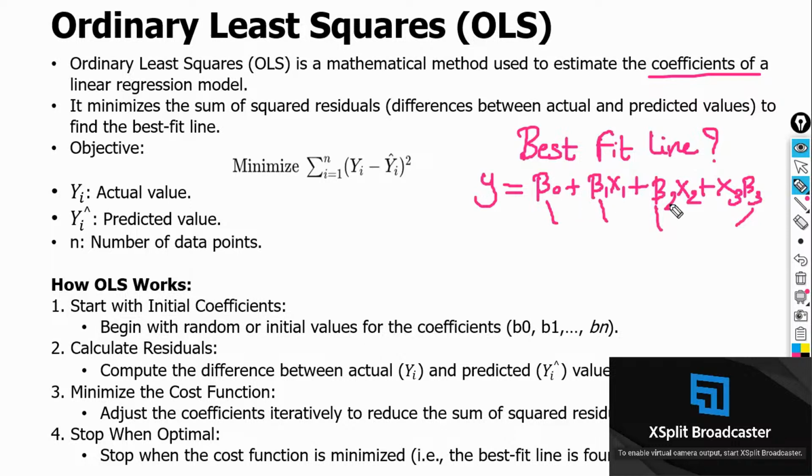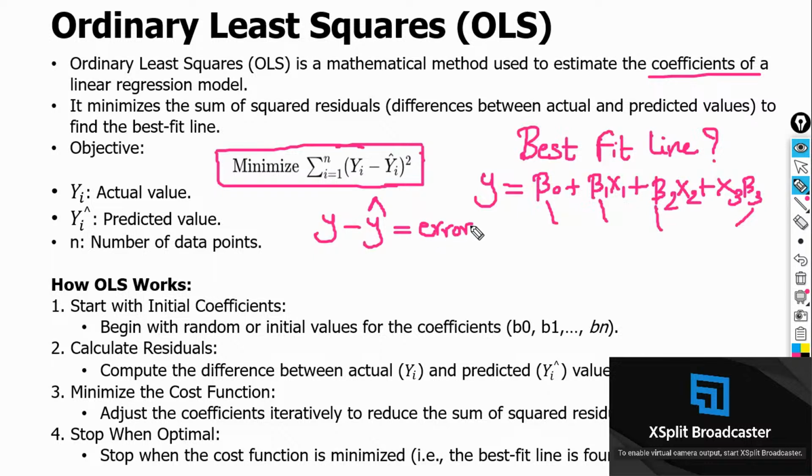It reduces the difference between these values and finds the best fit line. This is the objective of OLS: minimizing the residual, the error. So y minus y hat is nothing but the error, also called the residue. Your error should be very small.